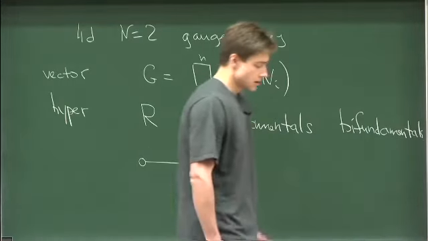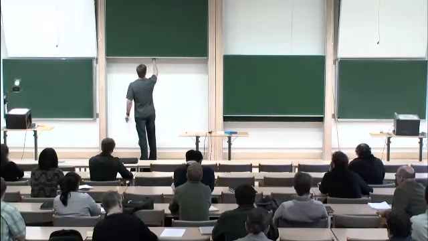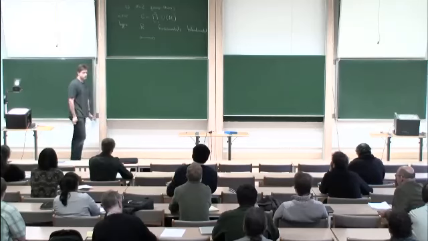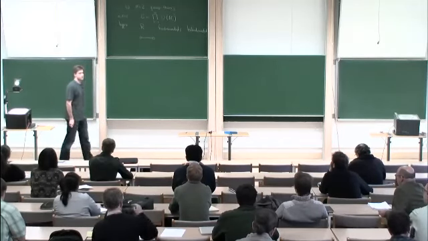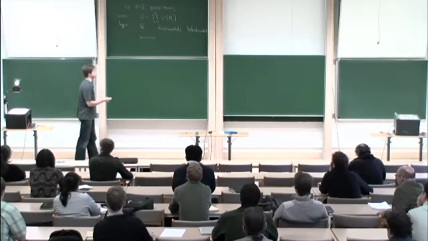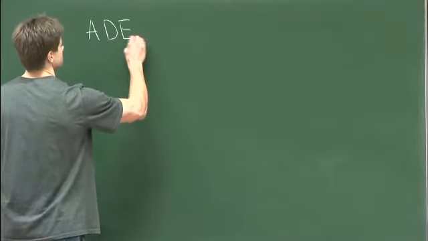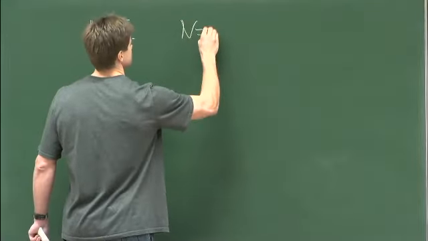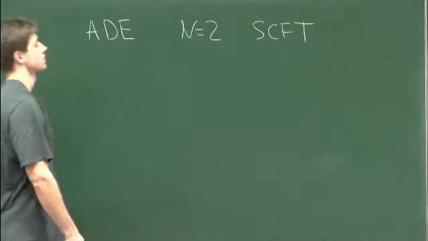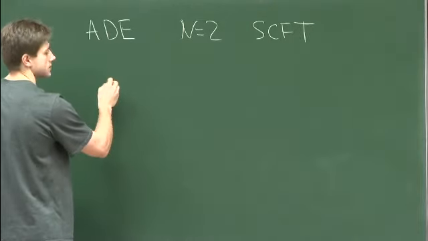Now, as you probably know, all such theories can be obtained as a special limit, as a degeneration limit, of a quite listable class of theories, which are called ADE N=2 superconformal field theories. So there you consider quivers.